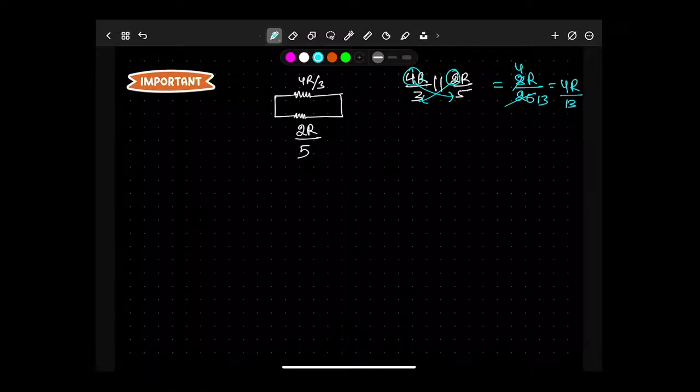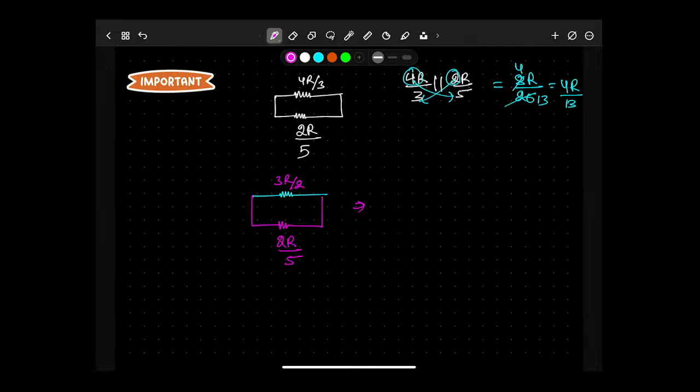Now suppose I am taking some other case. Let me change the example. 3R by 2 in parallel with 2R by 5.